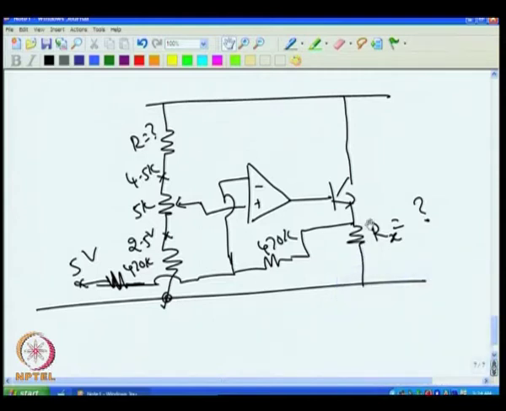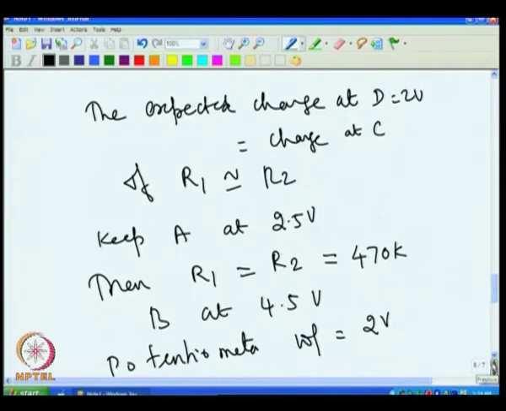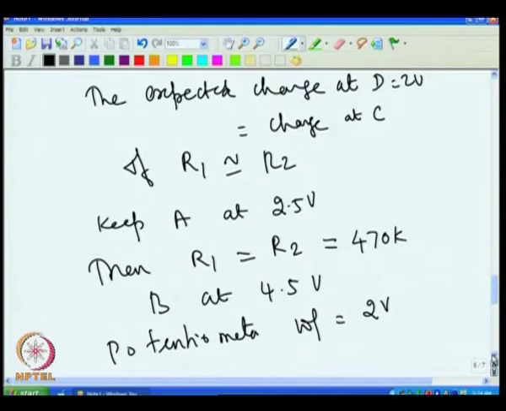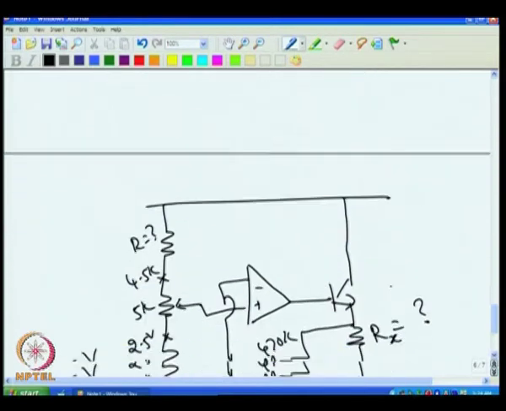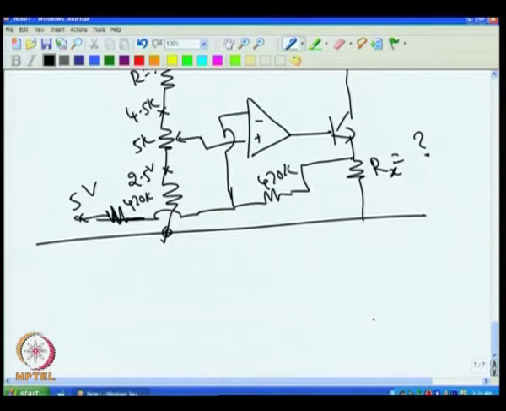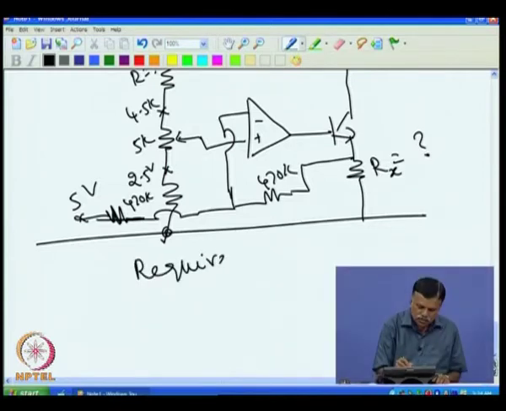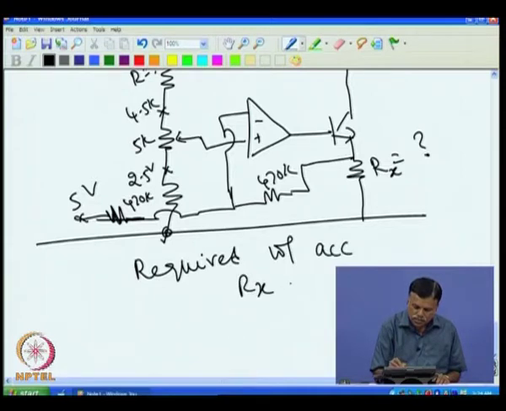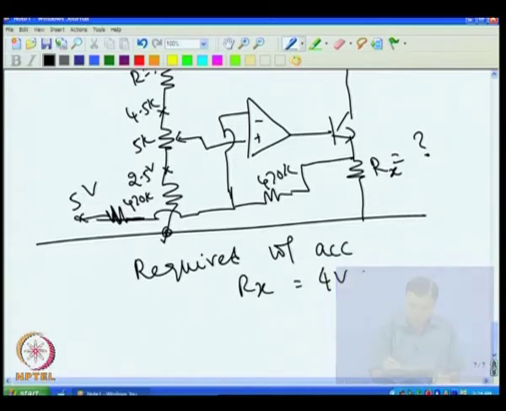So the required voltage across Rx is 4 volt at 17 milliampere current.